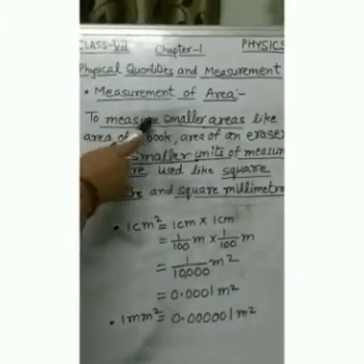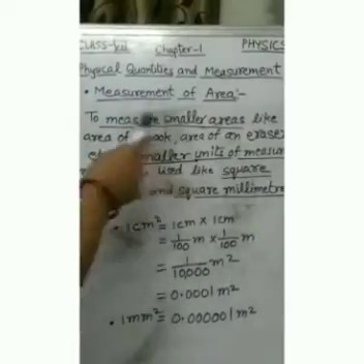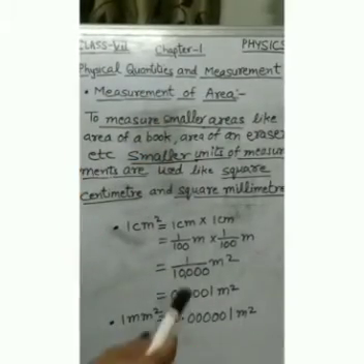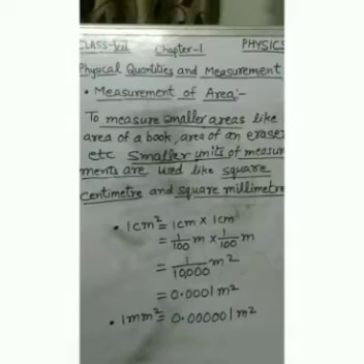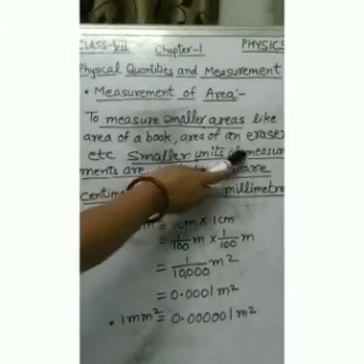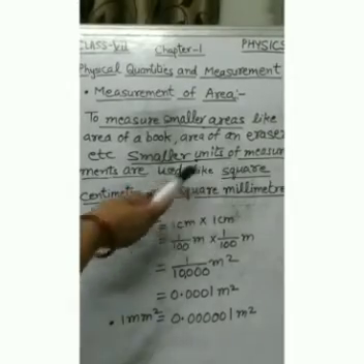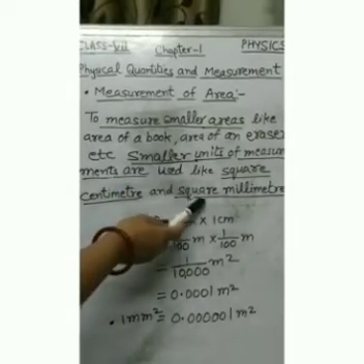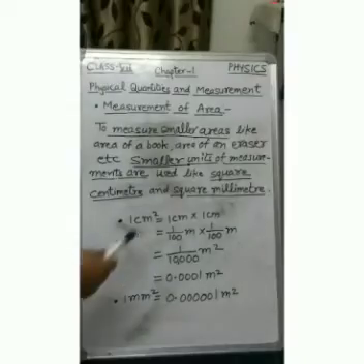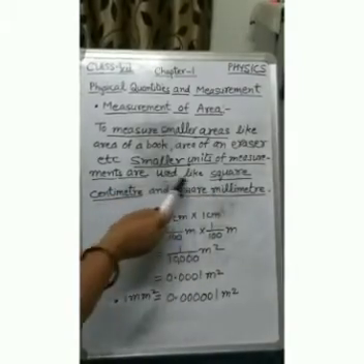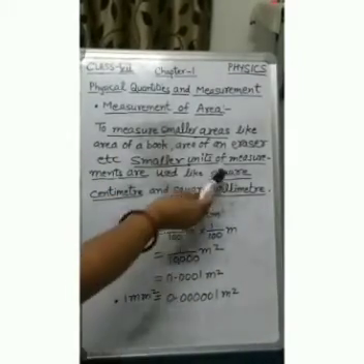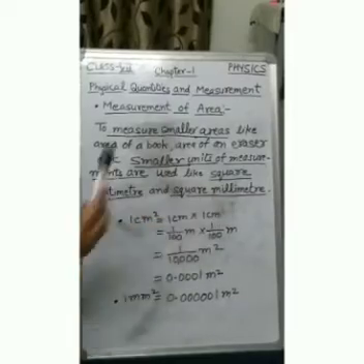And to measure smaller areas like area of a book, area of an eraser, etc., smaller units of measurements are used, like square centimeter and square millimeter.